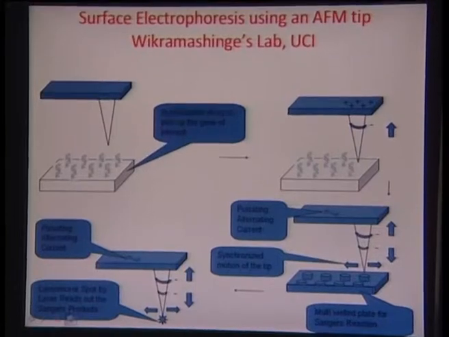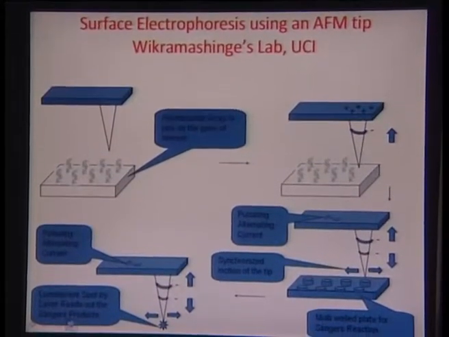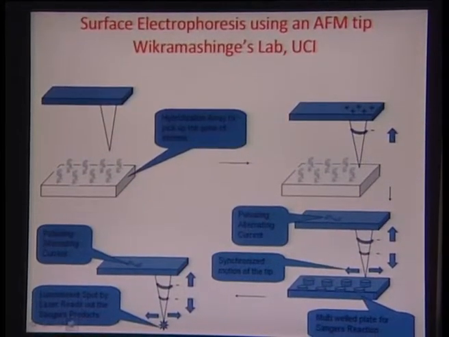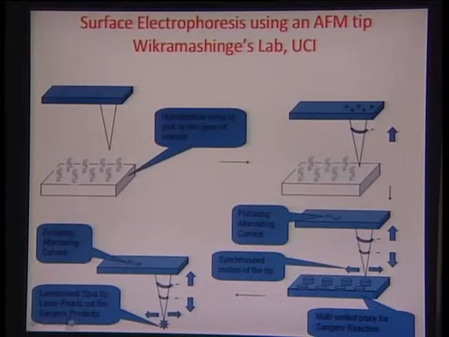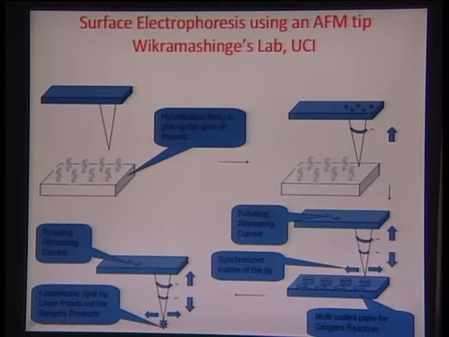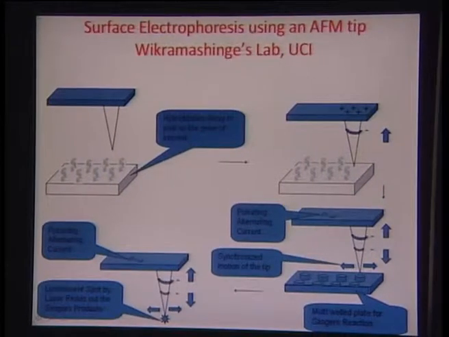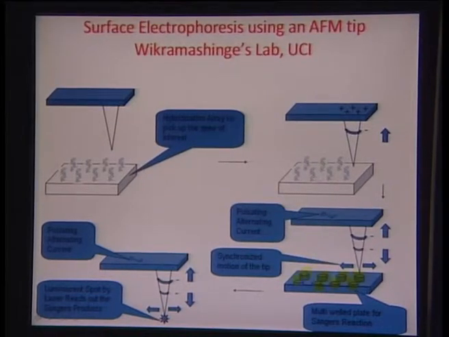Essentially the idea is to be able to pick up molecules on a very small minuscule level and use surface electrophoresis to shift the molecules back and forth in this particular manner by applying a potential. And then once these are all picked up using a hybridization array or something where there is a primary level detection, you could sequence it by running it on these small wells here and running the Sanger's reaction, picking up the products.